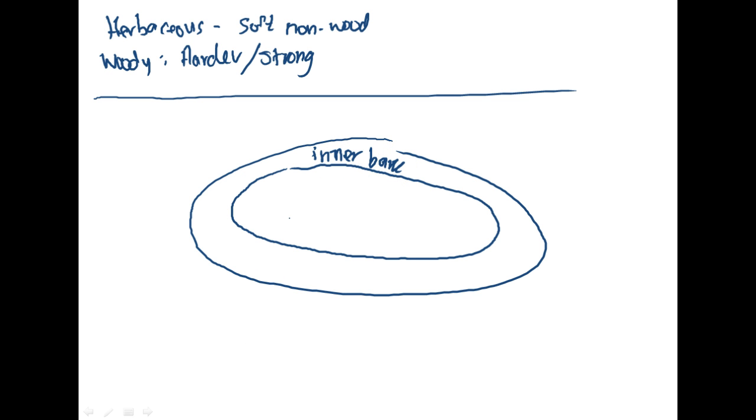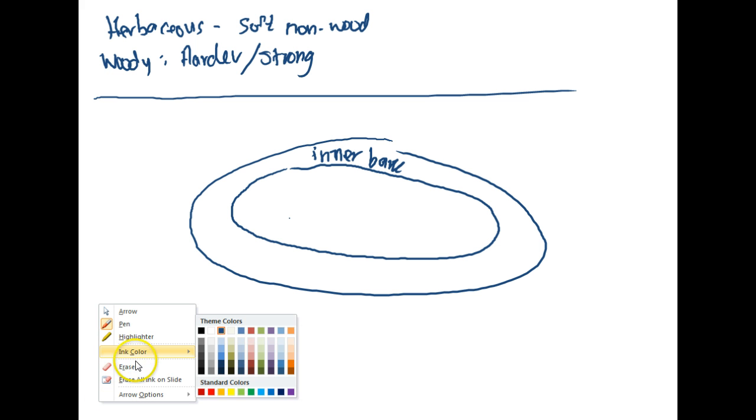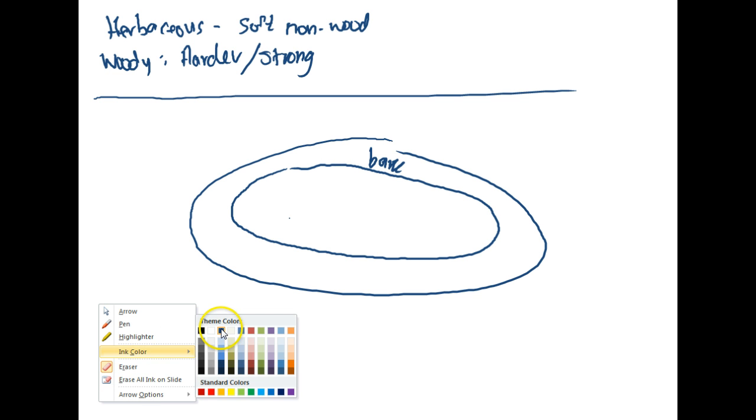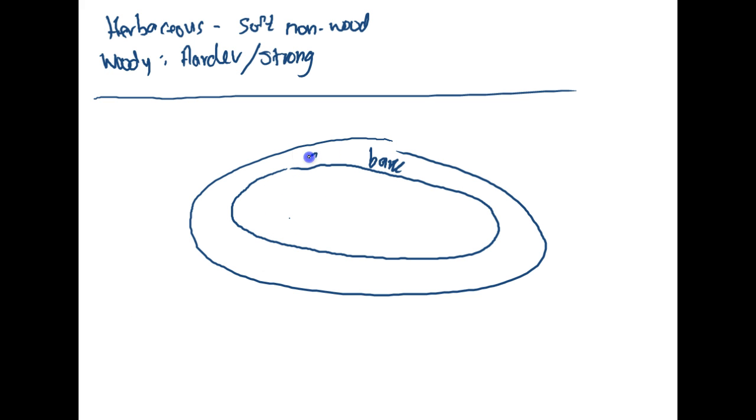Let me erase that for you. Apologize. It was one step in. That one is called the outer bark. And it is responsible for protection. So we use that one for protection.